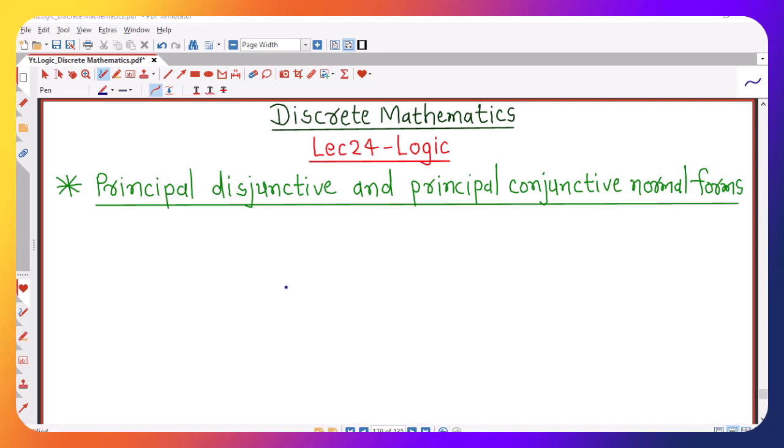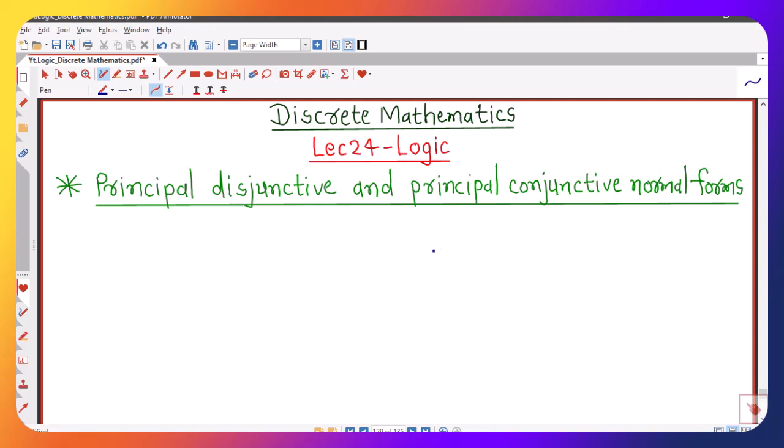In this lecture we are going to discuss how we can obtain principal disjunctive as well as principal conjunctive normal form of the given statement formula. In earlier lectures we have seen methods of finding principal disjunctive and principal conjunctive normal forms.